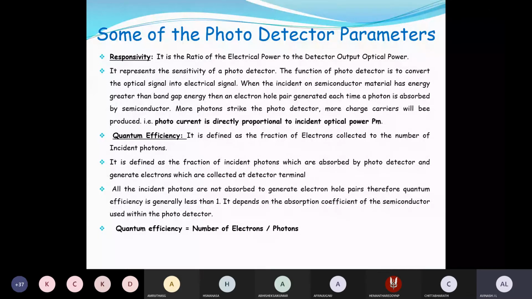It is defined as the fraction of incident photons which are absorbed by the photodetector and generate electrons which are collected at the detector terminal. So all, please make a note.